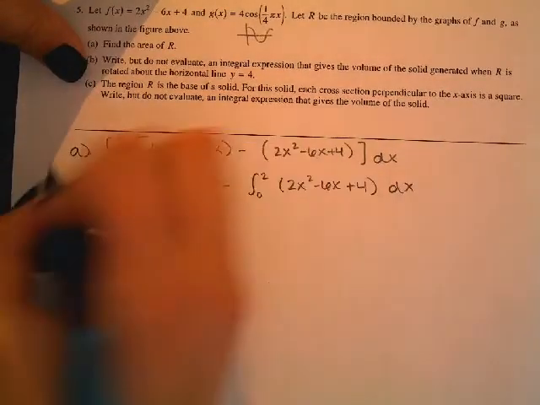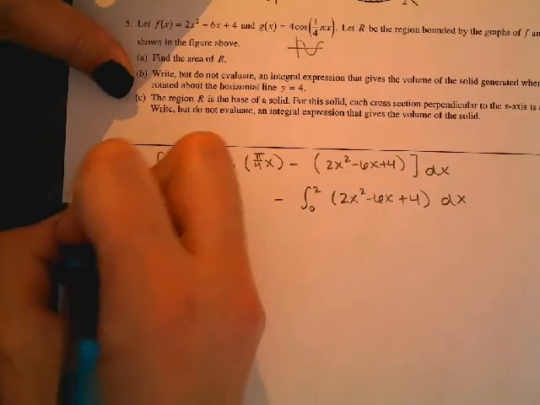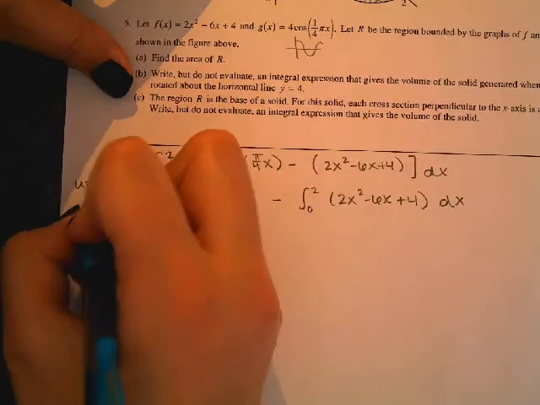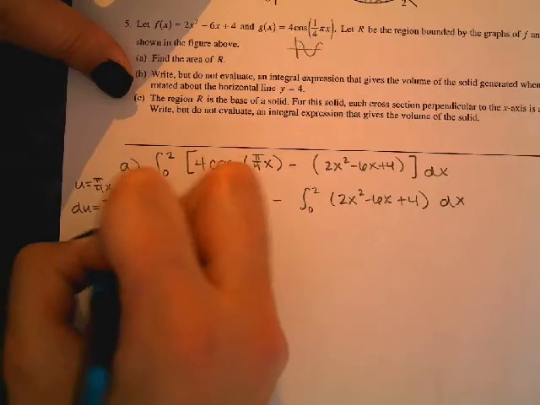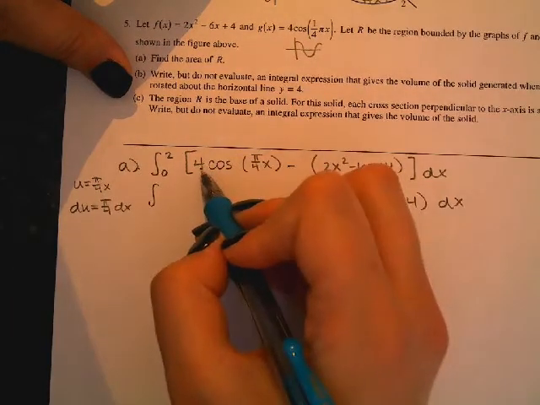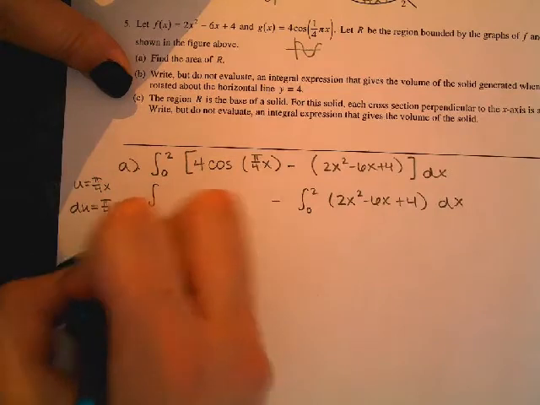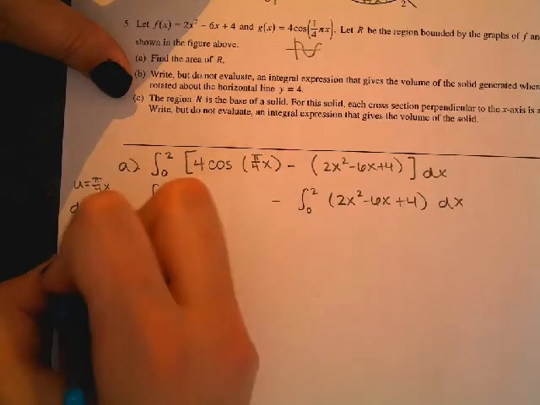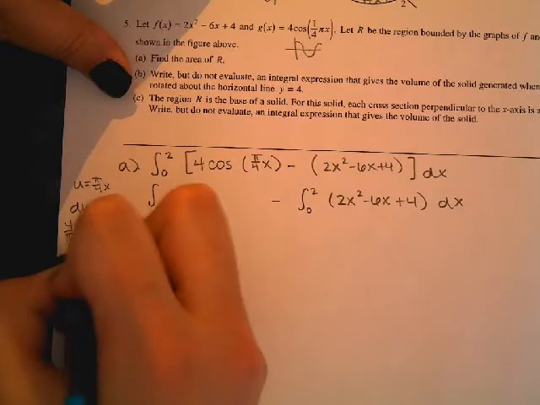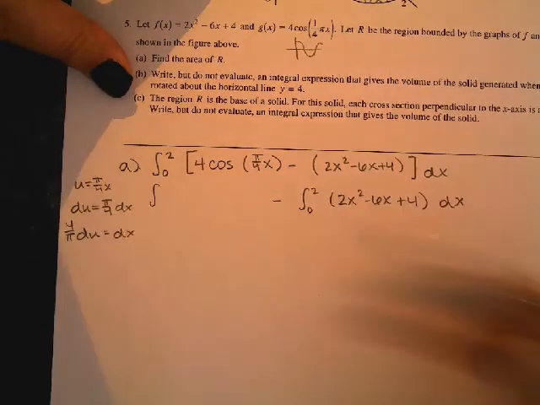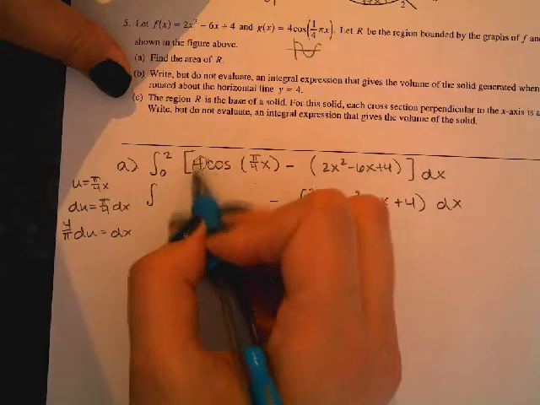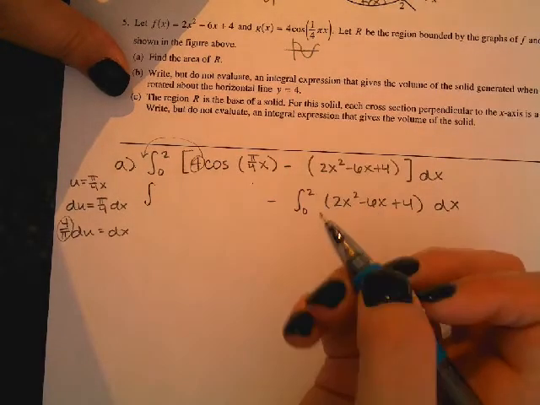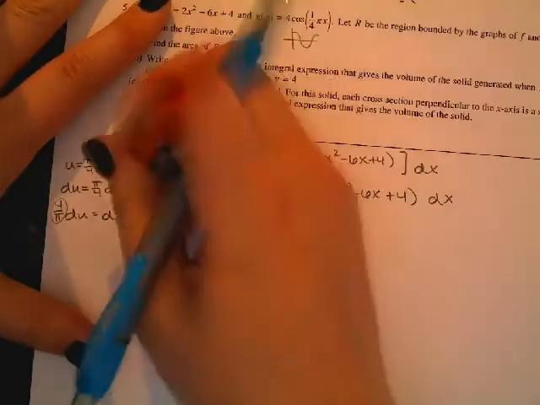Okay, so for this part, I'm going to say that my u is pi fourths x. The derivative of that is pi fourths dx. I do not have a pi fourths sitting in the front, so I could multiply by 4 over pi to get it over to the other side. So 4 over pi du equals dx. And so what that means is that I could pull out the 4 from the original problem, and also the 4 over pi that I just got.